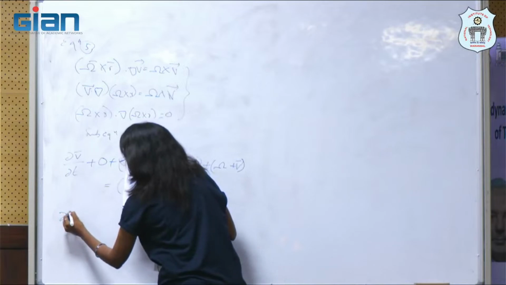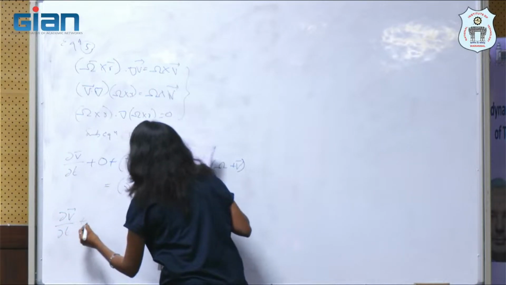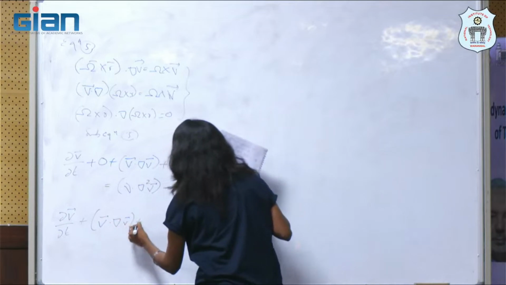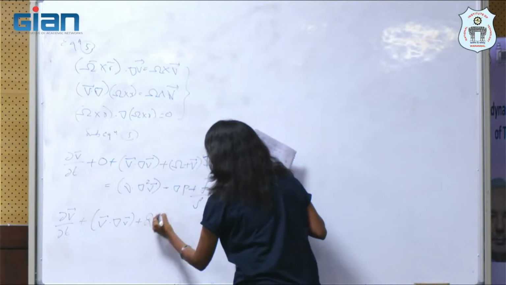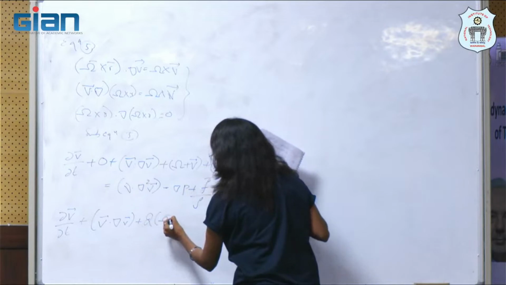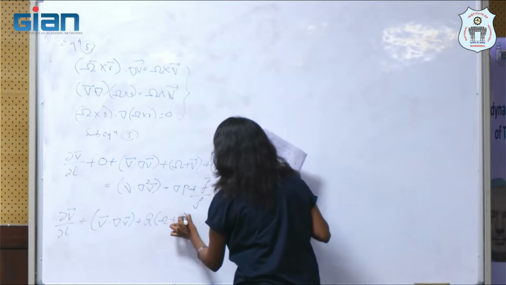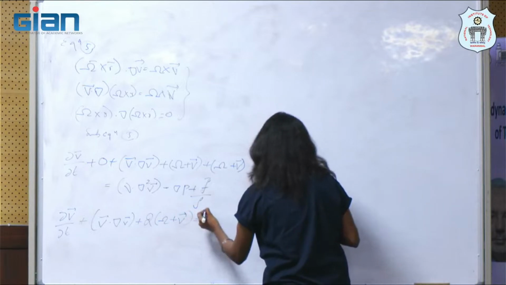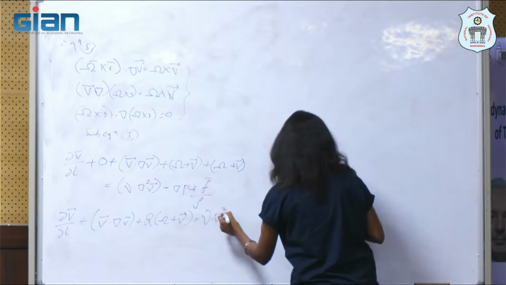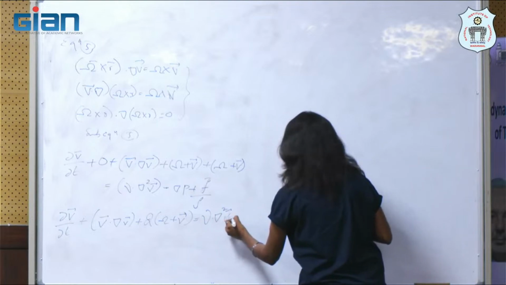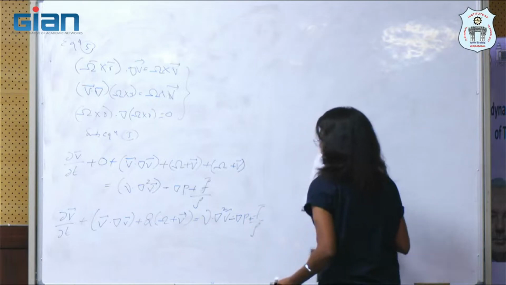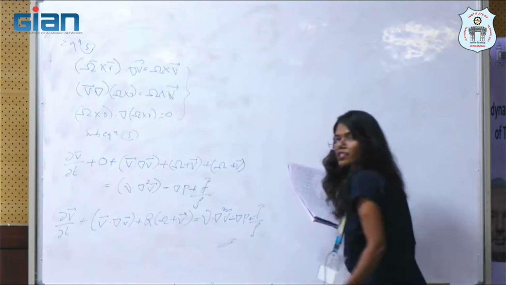Now V bar plus 2 omega cross V bar equal to mu delta square V bar minus delta P by density. This is the required momentum equation.